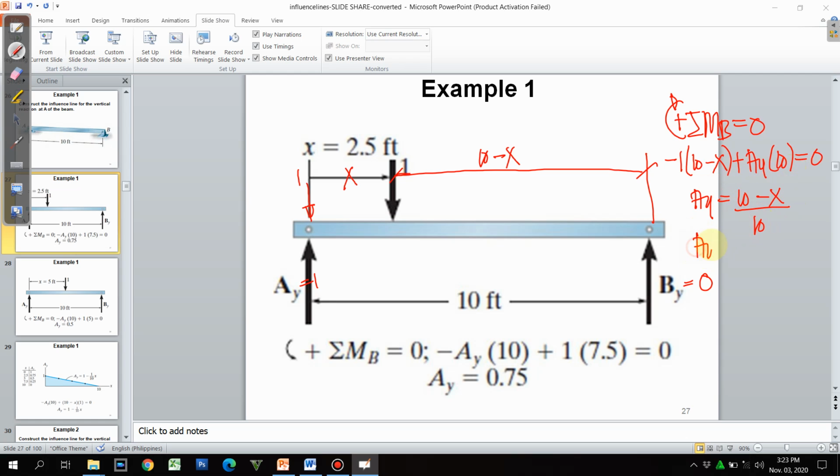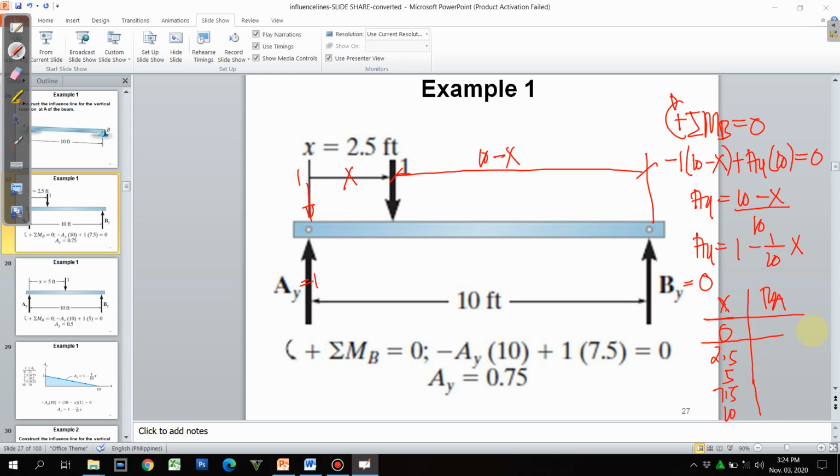So we can simplify that to 1 minus (1/10) of x. From this, we'll just have to tabulate x versus the corresponding reaction at A. Say we have divided that into 4 segments. So from 0, it will transfer to 2.5, and then to 5, and then 7.5 until 10.